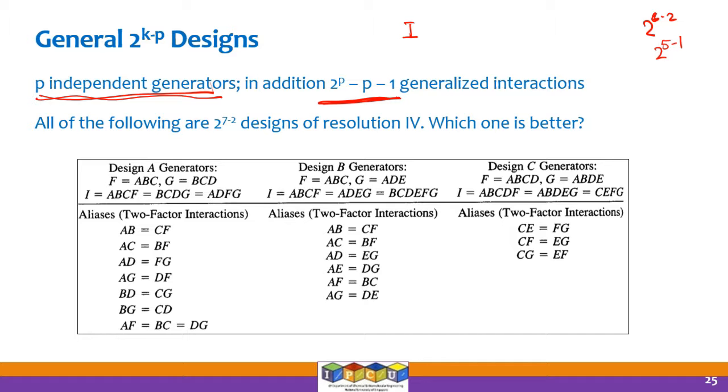The question is, which one is better? We'll come to that later, but let's take just the design generator for design A as an example. So k is equal to 7 and p is equal to 2. So I can write a standard 2 to the power of 5 design.